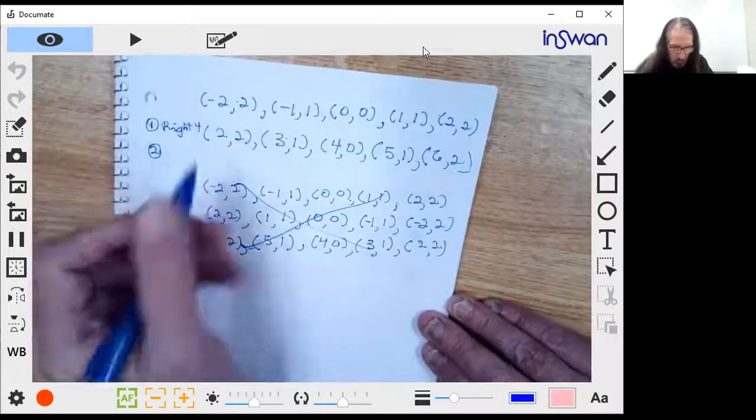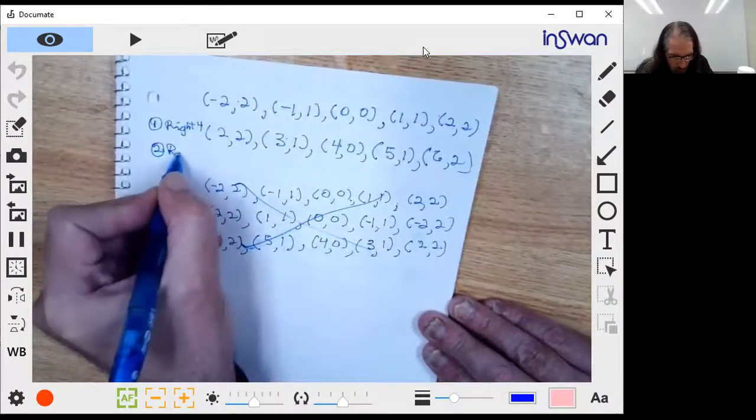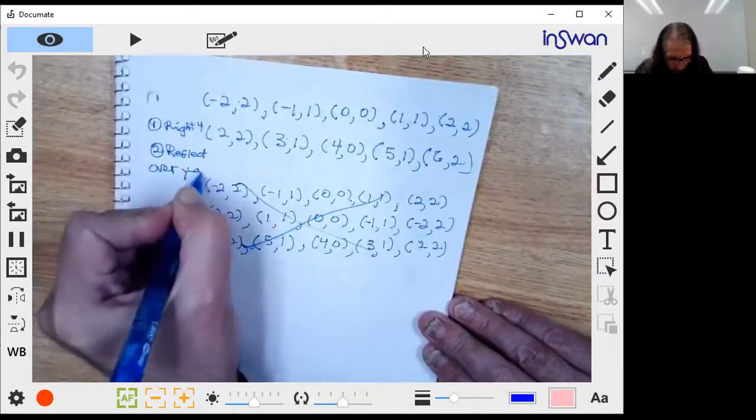Then if I reflect over the y-axis, I'd be changing the sign of those x coordinates.